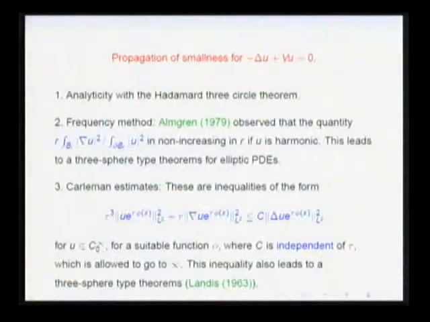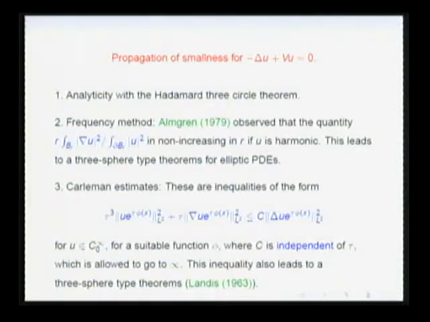So there is a huge literature on this, and let's start with the elliptic equation, and then I'll tell you some results about parabolic too. Okay, so the basic tools used for unique continuation: the first is analyticity. That's always available, if, let's say, your force in a Navier-Stokes is analytic, and you use Hadamard three-circle theorems or the Schwartz lemma, which come in different disguises.